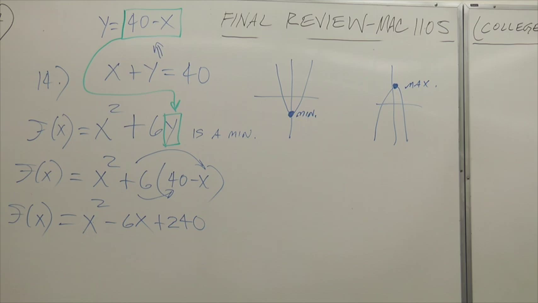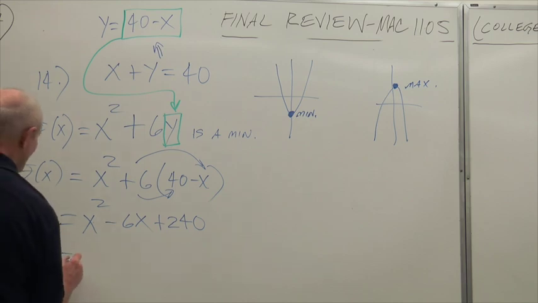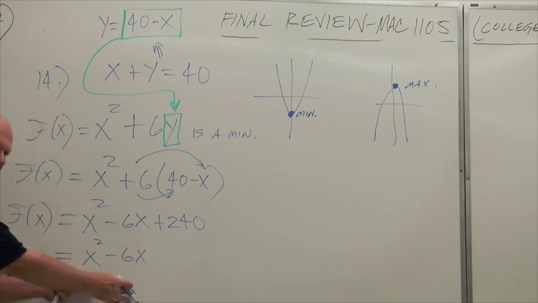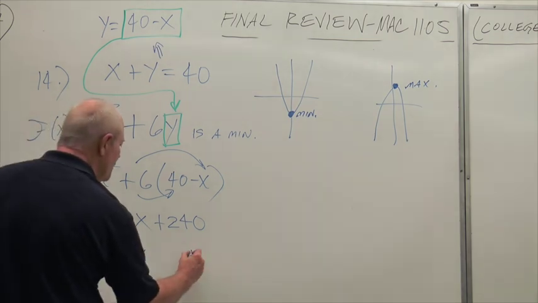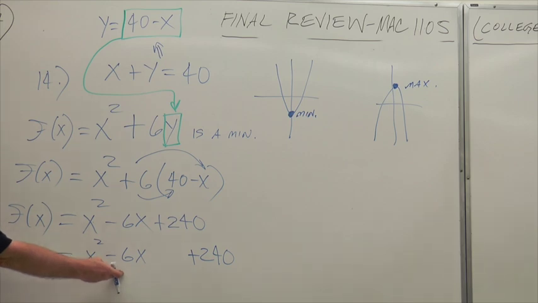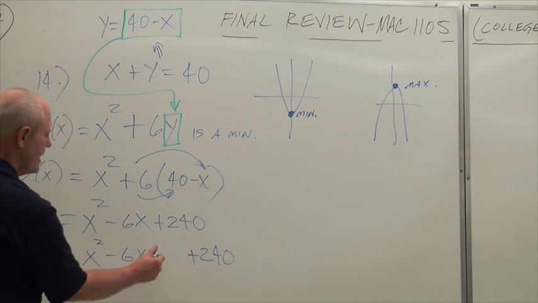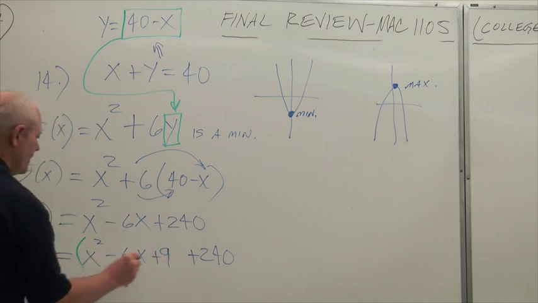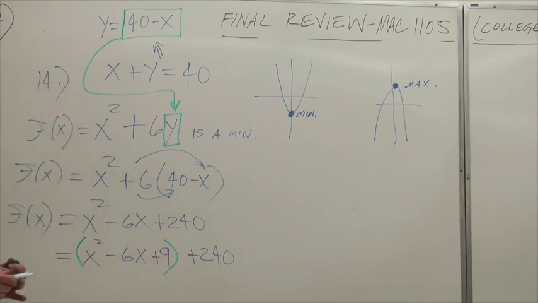Well, this time I think we're forced to complete the square on the right hand side. So this is going to be x squared minus 6x. I'm separating the x variables by themselves. I'm going to pull this 240 out further on the right because I'm going to complete the square on the x's. Half it, square it. What am I adding, guys? 9, right? Good. And that's going to give us our perfect square trinomial to put it in vertex form.